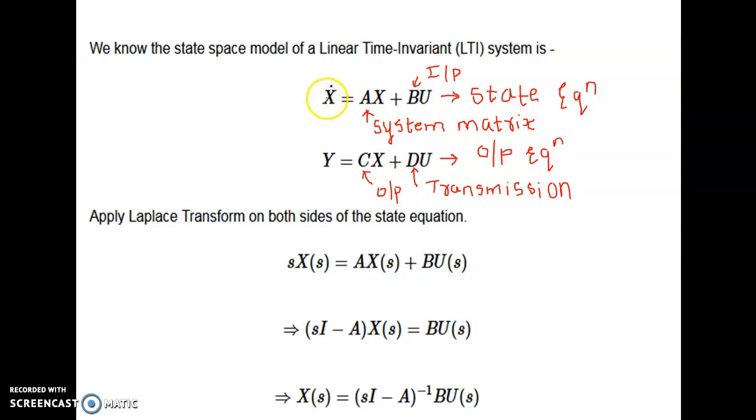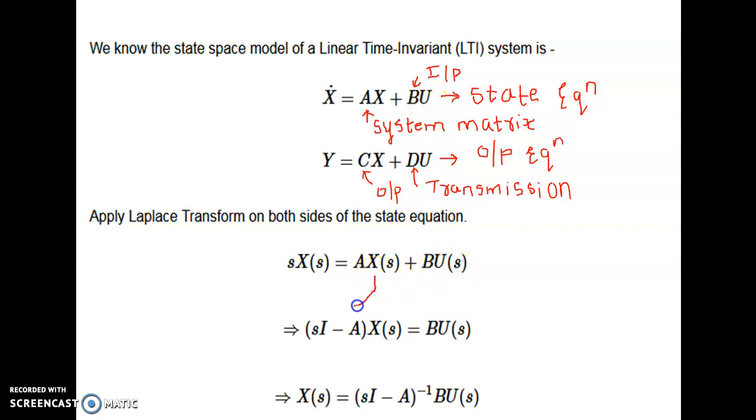Here we have assumed that initial conditions are 0. So its Laplace transform is sX(s), and the Laplace transform of x(t) is X(s). Similarly, the Laplace transform of the input u(t) is U(s).